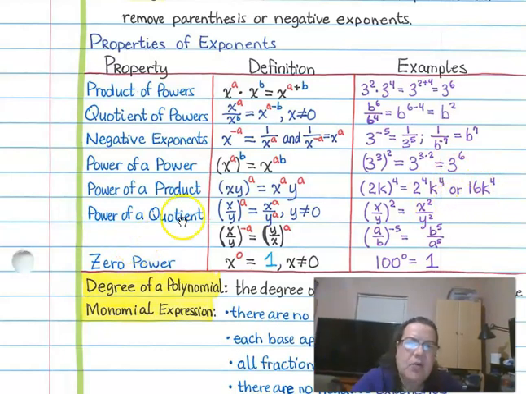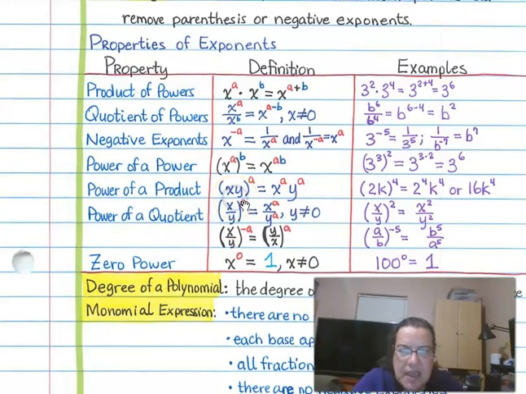Well, what if I have a quotient to a power? So the property is this one right here that we're going to look at. What if you have x over y, so like 1 over 5, x over 7, whatever, it's just two quantities, and you have those to a power. Just give the same thing. It's like distributing this power to this guy and this power to that one. One of the biggest mistakes you all make is you say, oh yeah, this is x to the a over, and you forget to give the power of the a to the letter y as well.